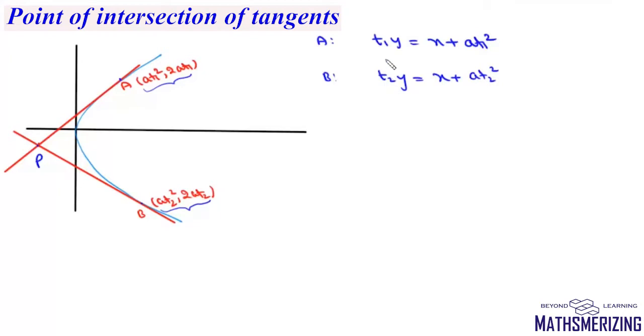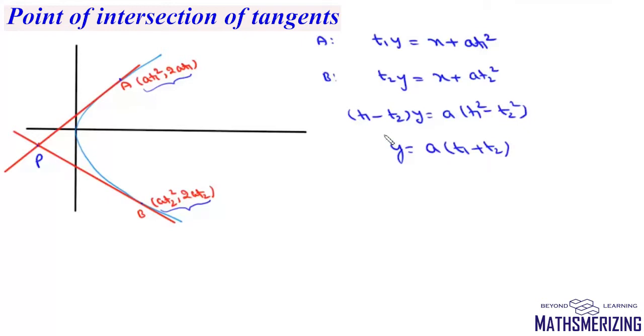So I'll subtract the second equation from the first. I'll write (t1 - t2)y = a(t1² - t2²). So from here we'll write y as a(t1 + t2). So for the point of intersection, its y coordinate is a(t1 + t2).